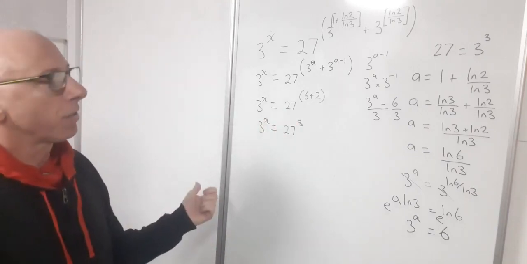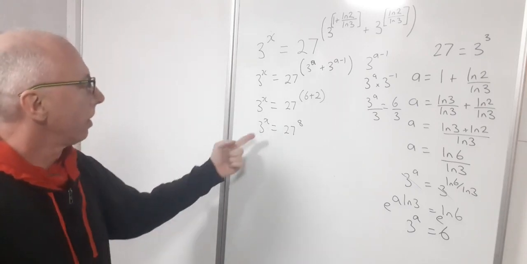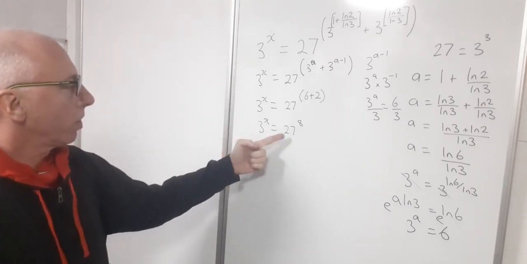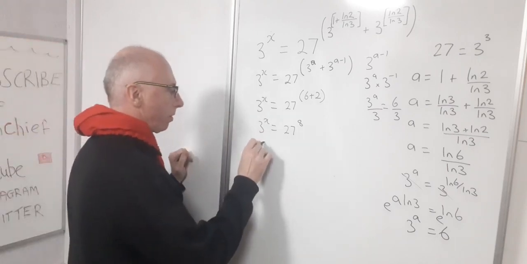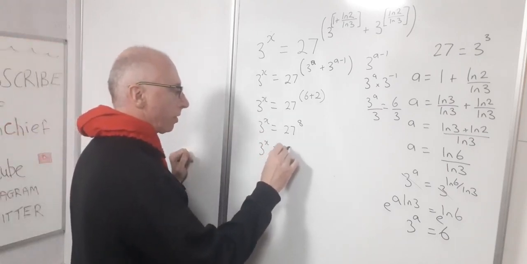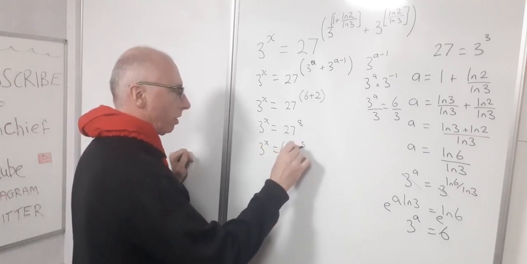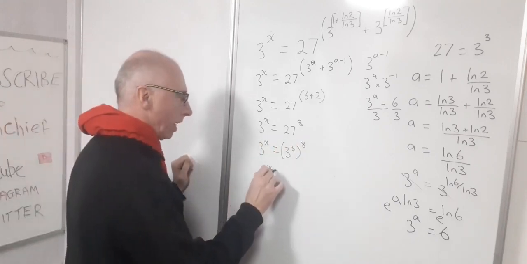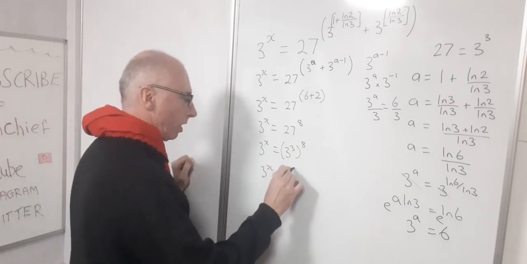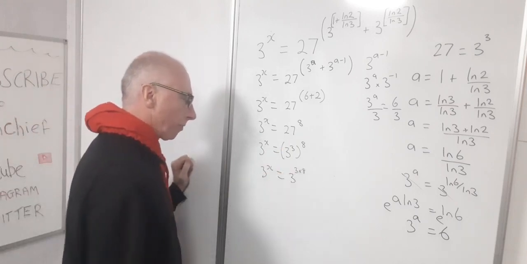Okay, now I've still not solved for my x. So what can I do here? Well, 27 is the same as 3 cubed. So 3 to the x is the same as 3 cubed to the power of 8, which is the same as 3 to the x equals 3 to the 3 times 8.